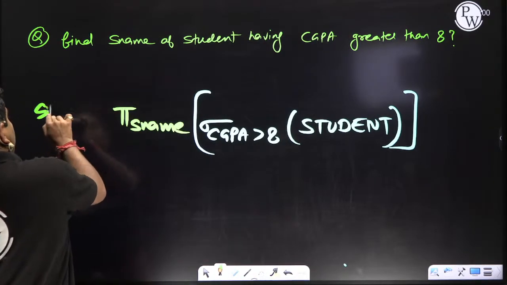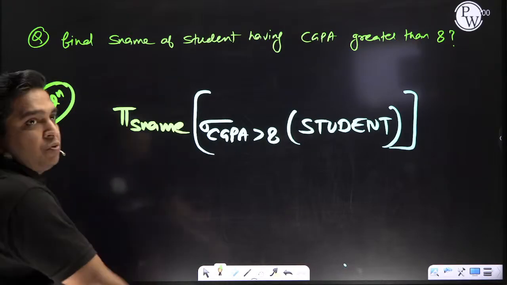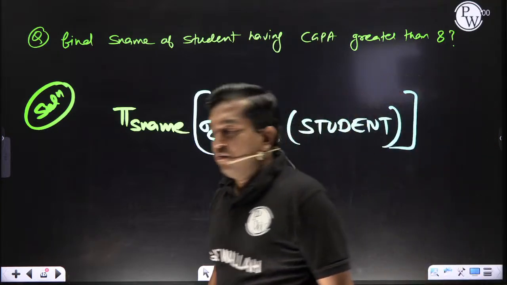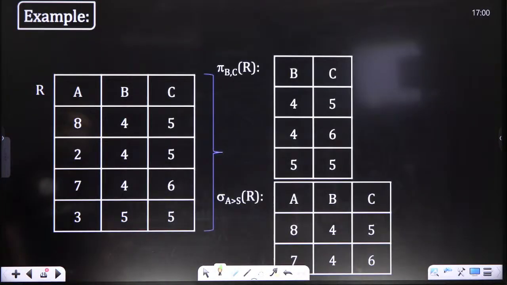This is the meaning of this query: pi S name, sigma CGPA greater than 8. Very good.